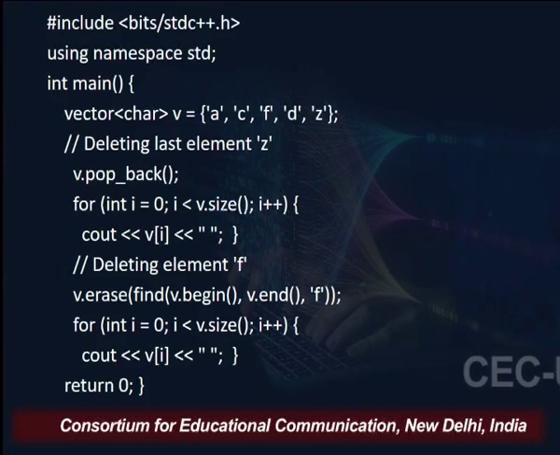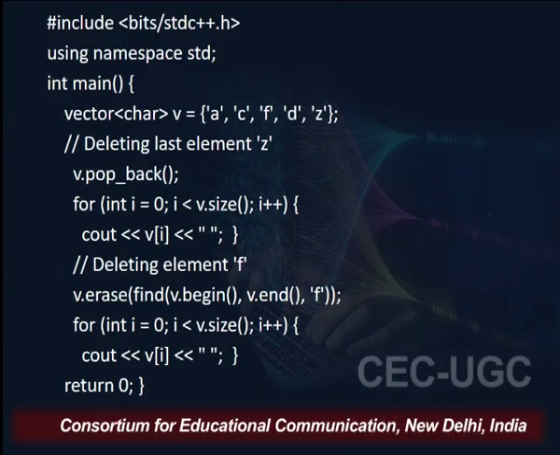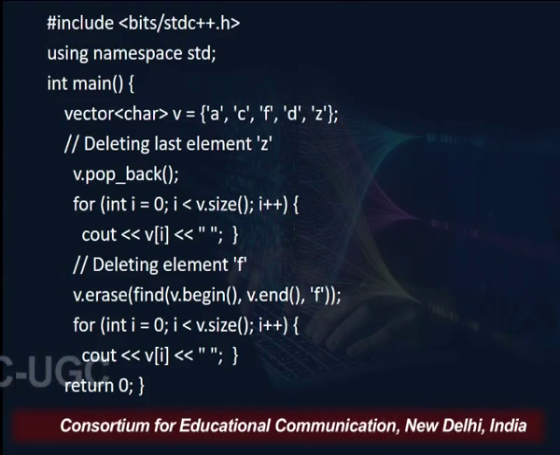If we see the find method clearly, it says v dot begin comma v dot end and then the element. So, starting from begin to end, the element which is to be looked for is f, and this find method is going to give you the position of the element, and then that position is passed inside this v dot erase. So, let us say in v dot erase we say 3.